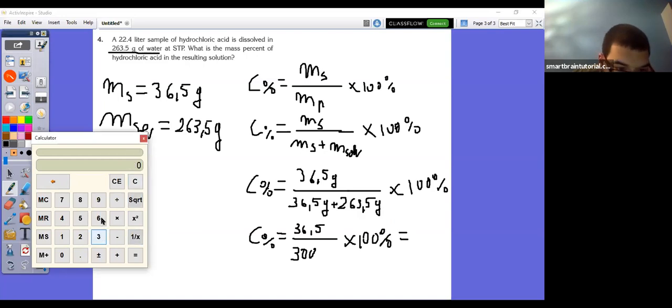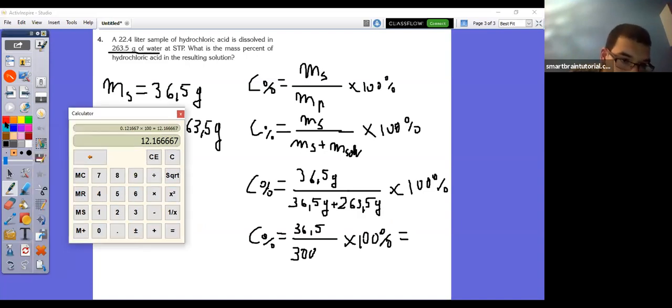Now the last calculation, 36.5 over 300 times 100% is 12.16, or about 12.1%.